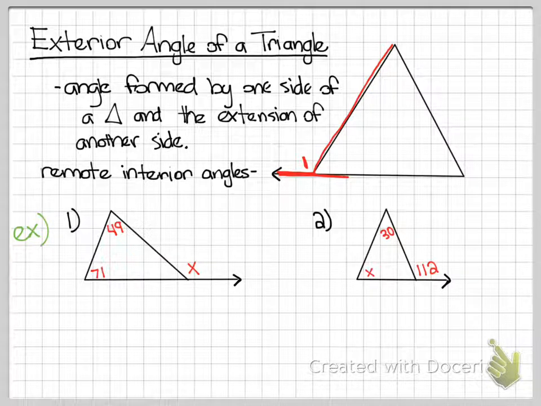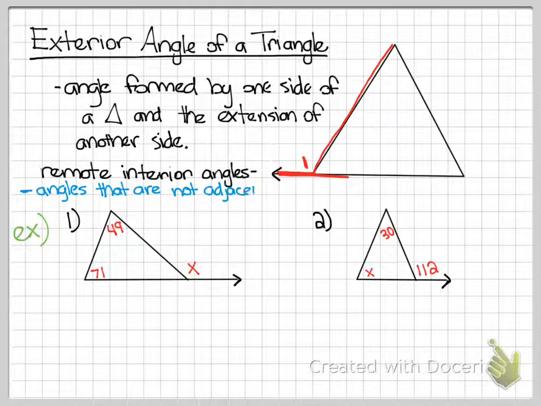All right, the next word we're going to define really quickly, and I'll do that in blue so you can see the difference, is a remote interior angle. The remote interior angles are the angles that are not adjacent to the exterior angle.